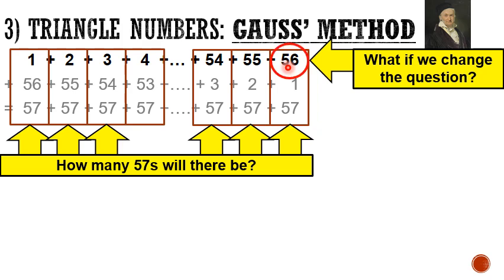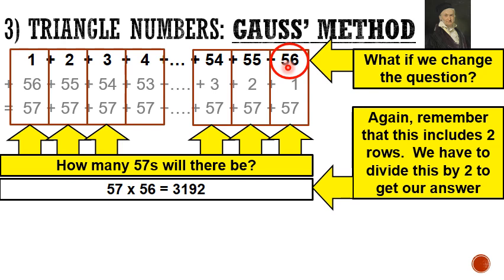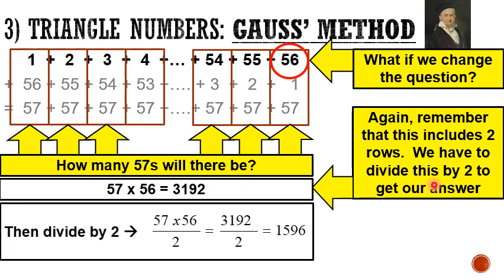There will be 56 groups, so 56 times 57. Again, remember these include 2 rows of 1 plus 2 plus 3 plus 4 all the way to plus 56. So now we have to divide this by 2 to get our answer. So 57 times 56 divided by 2 equals 1,596.